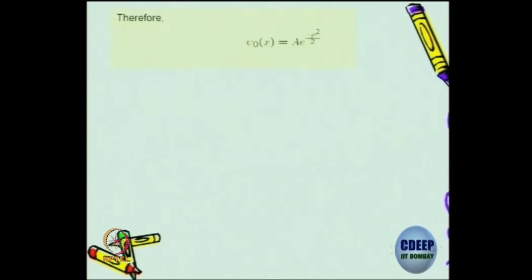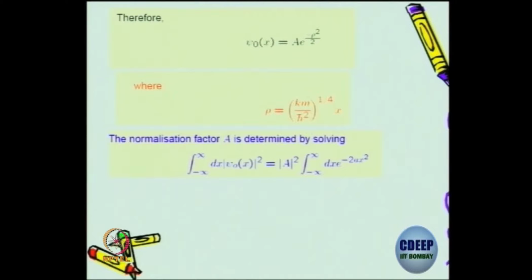So once you have this, you can write your most general solution, rewriting your x in terms of rho as the solution. So I have given you two ways of finding the solution, and we have verified that this is a valid solution. Okay. So rho is, up to those factors, proportional to x, and the normalization condition will fix the normalization factor.